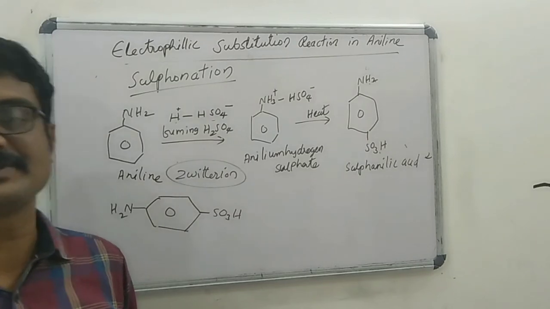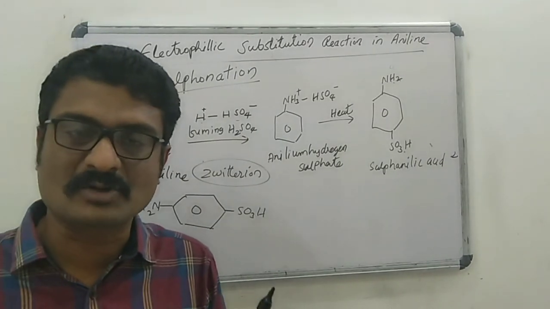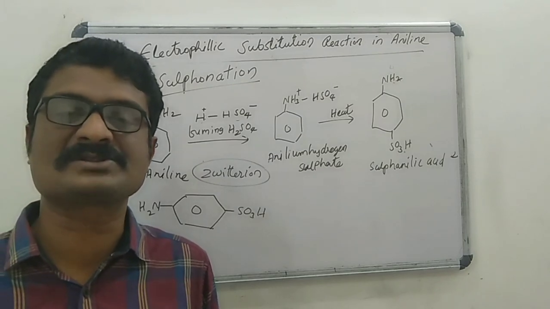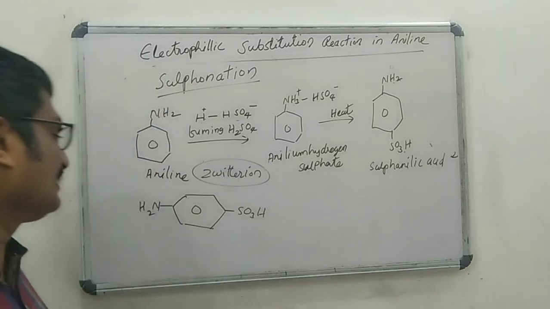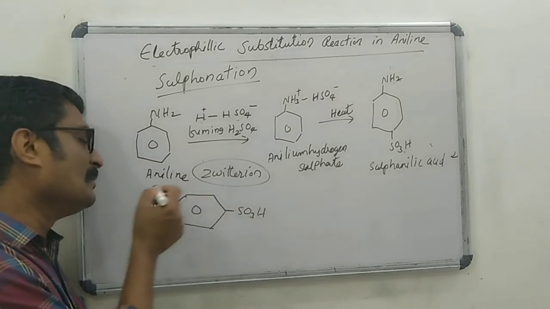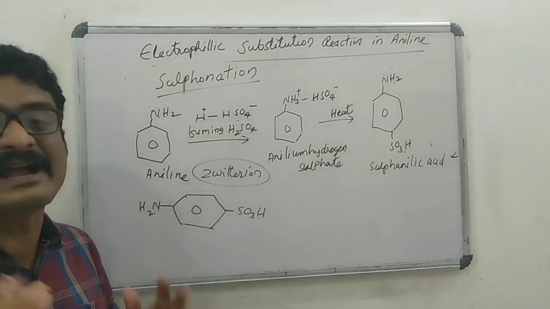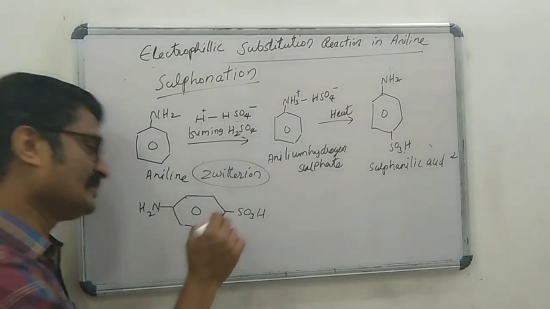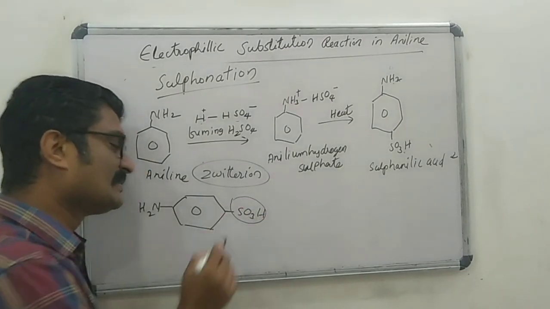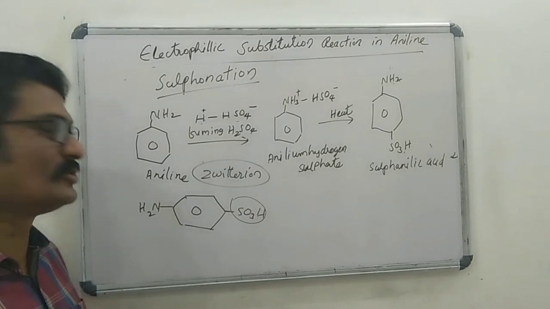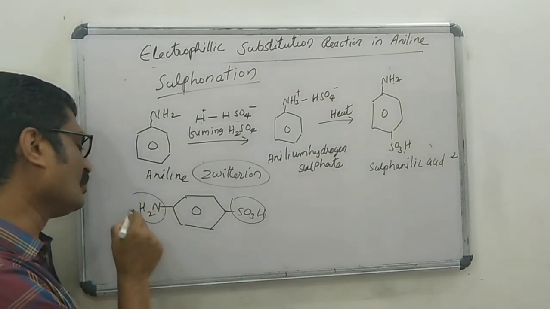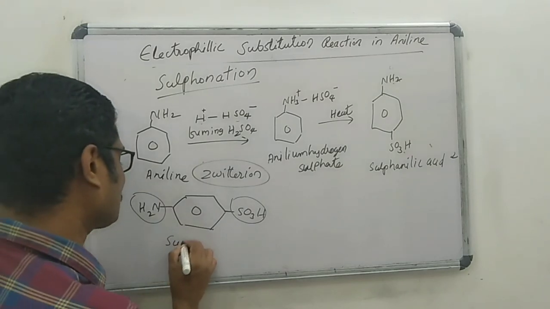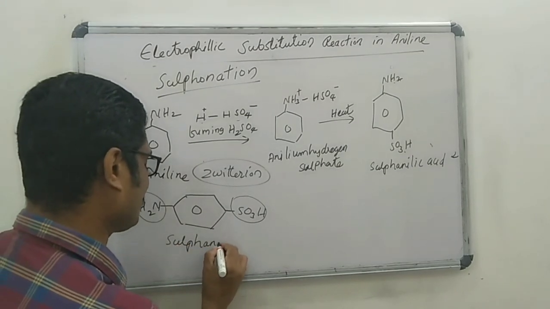First point, the compounds containing both acidic group and basic group act as zwitter ions. Here, sulfanilic acid contains the acidic SO3H group and the basic NH2 group, and the sulfanilic acid acts as a zwitter ion.